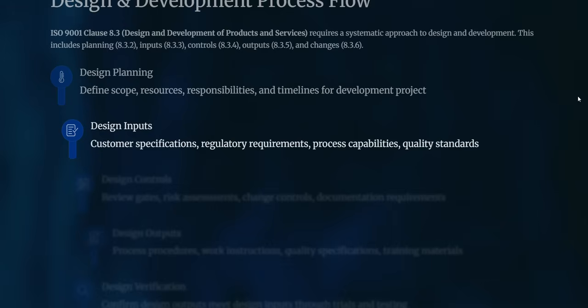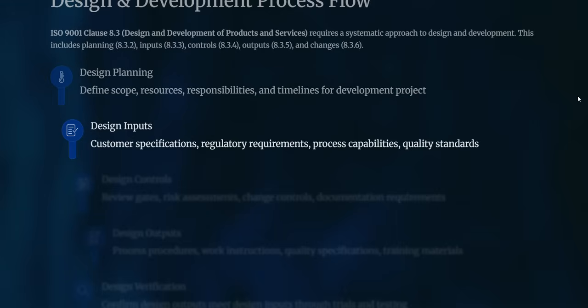And once you have done with that, you have to move to design input, which must include the following: customer specifications definition, regulatory requirements, process capability and quality standards.